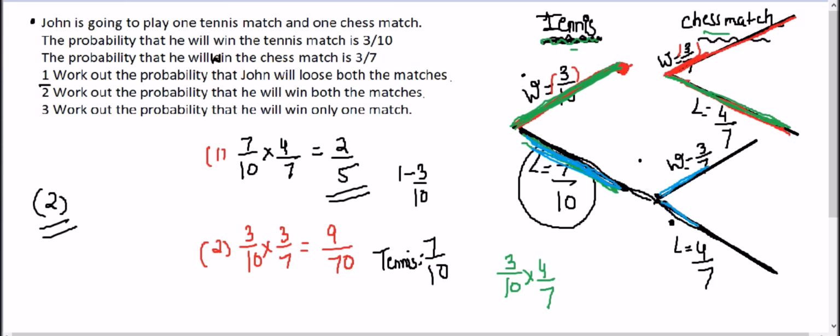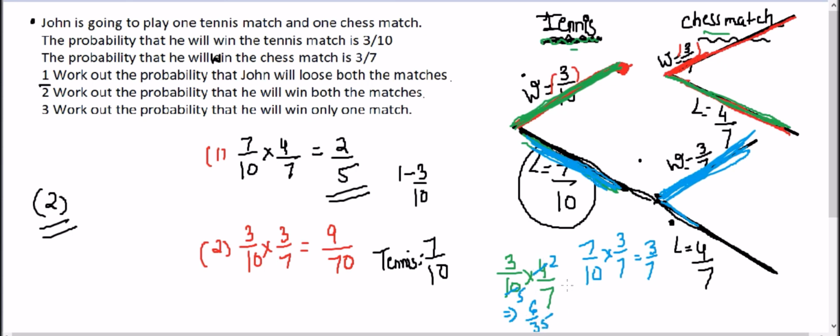If he is losing the tennis, then he has to win the chess match. So losing is 7 by 10 and winning the chess is 3 by 7, which gives you 6 by 35.